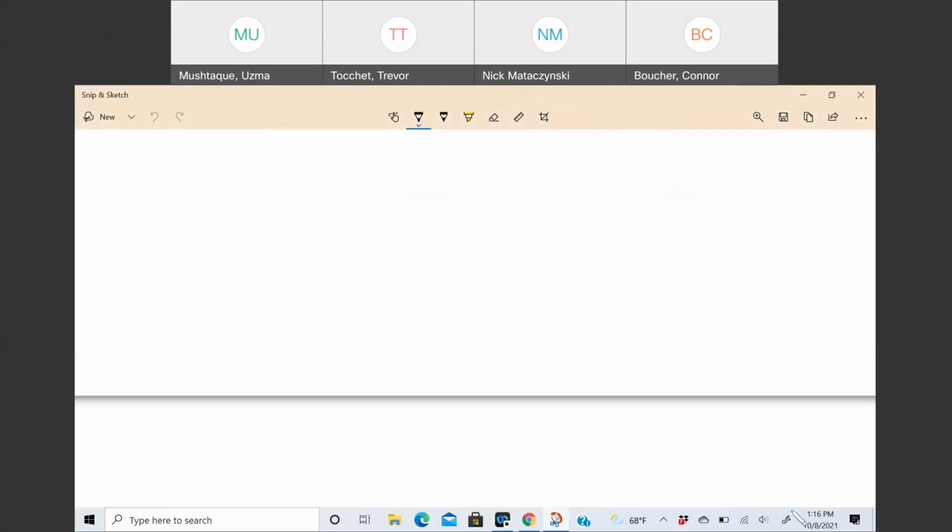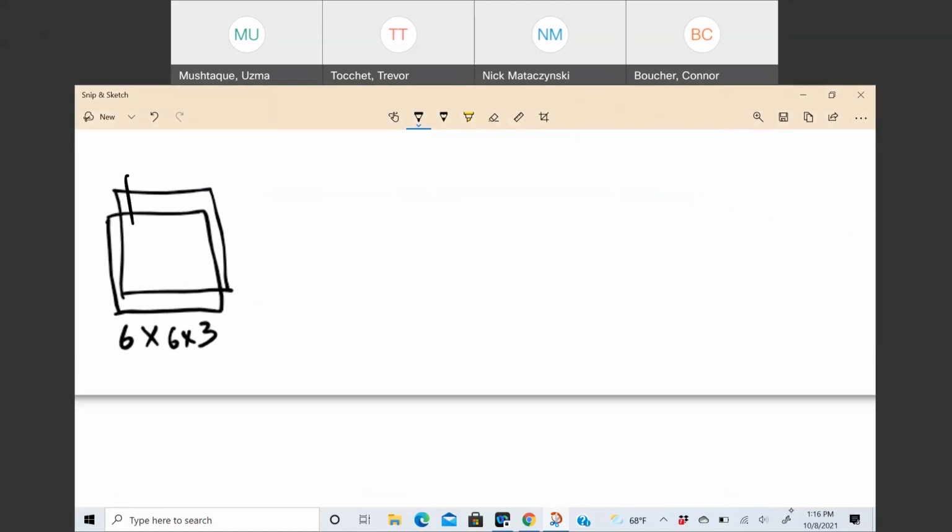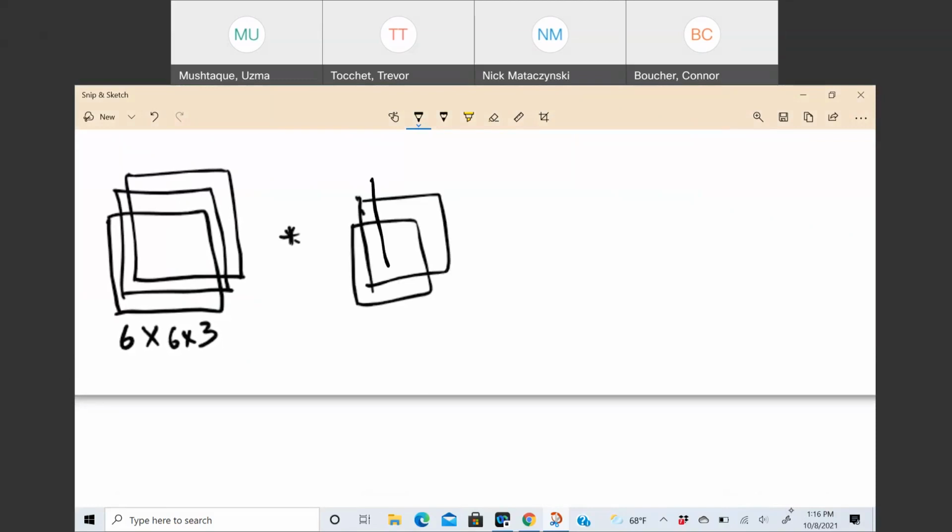Okay, so remember what we've been doing to any image like this. If it's a 6 by 6 by 3, and obviously 3 means RGB, and I'm applying a filter like a 3 by 3, remember the depth should be the same.